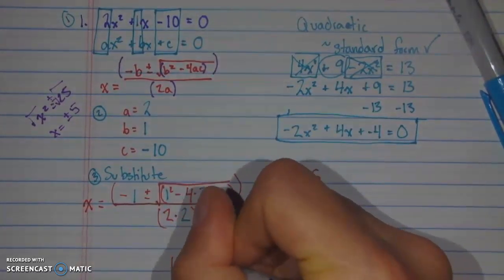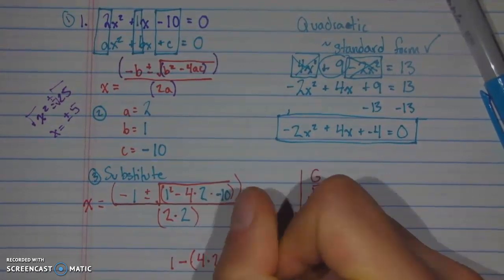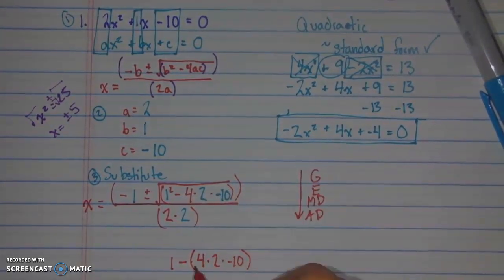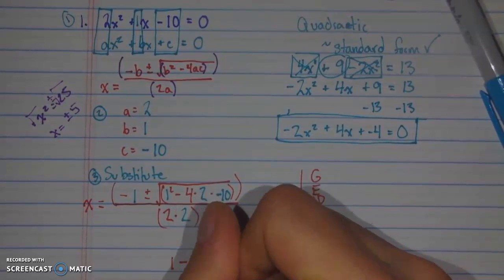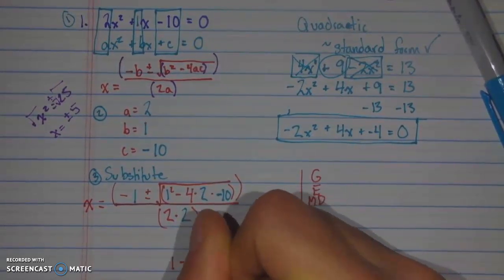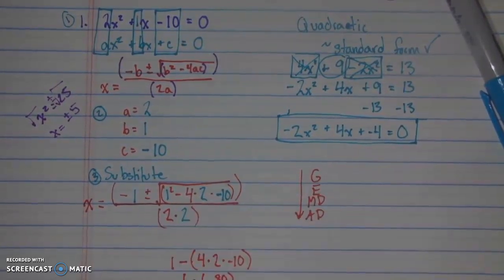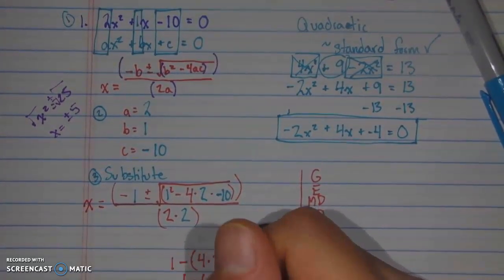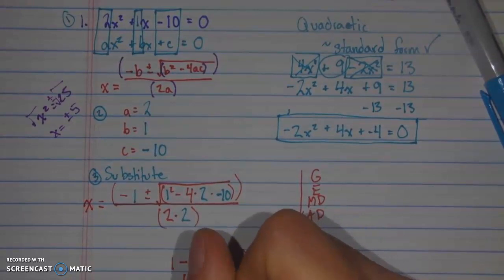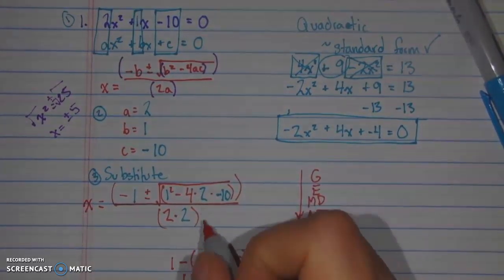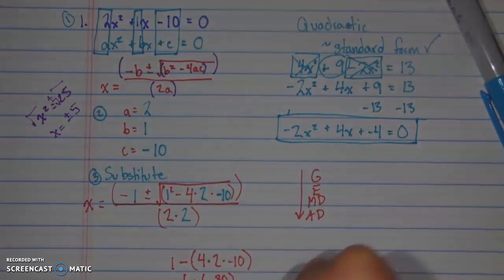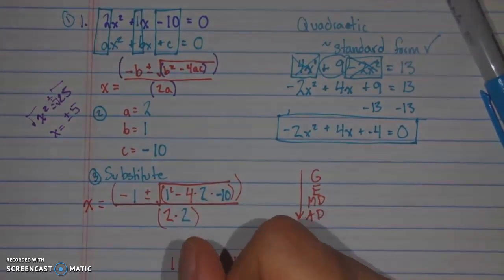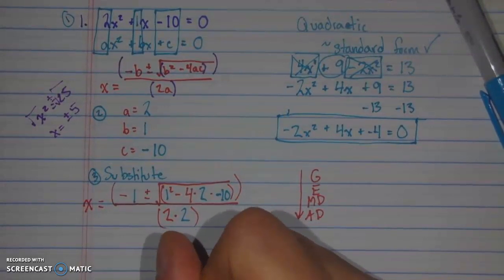So here I'm going to do 4 times 2 times negative 10, and this is 8 times negative 10, or negative 80. So I've got 1 minus a negative 80, and that gives me a final answer of 1 plus 80, or 81. So now I know that what goes underneath the radical sign is an 81. And I'm going to place that back into my formula.